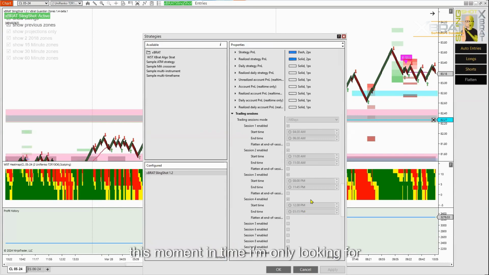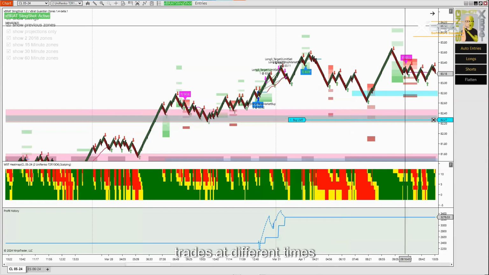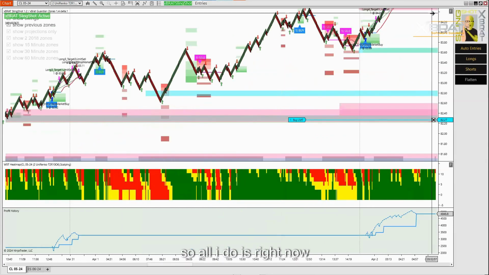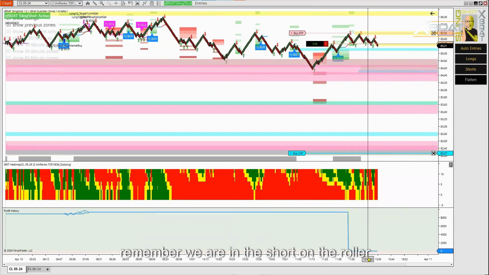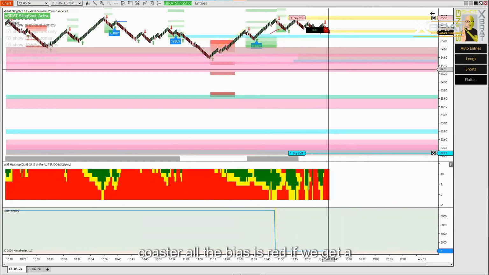At this moment in time, I'm only looking for shorts, so if we get any long signals, just cancel them. But we can see that other times of the day it trades at different times. So all I do is, remember, we are in the short on the roller coaster. All the bias is red.